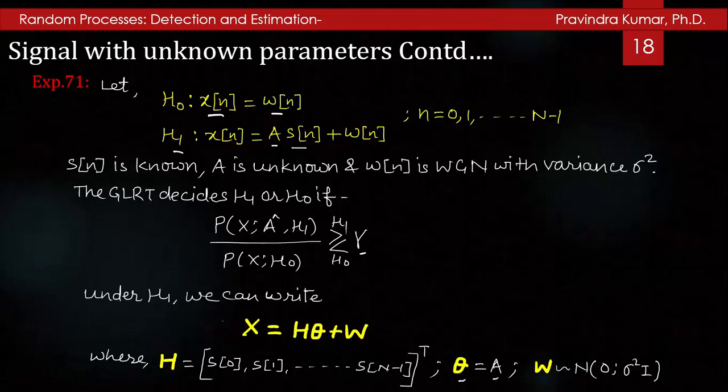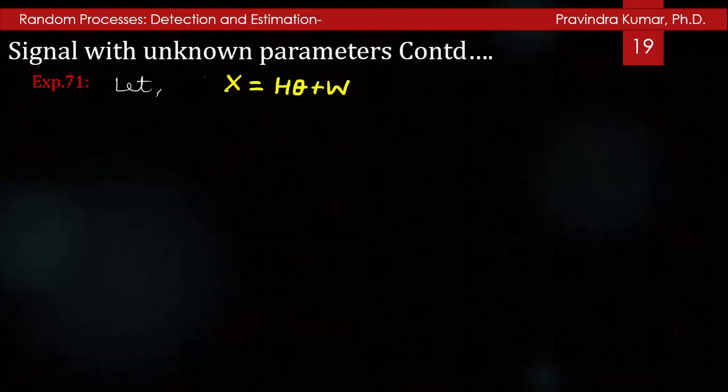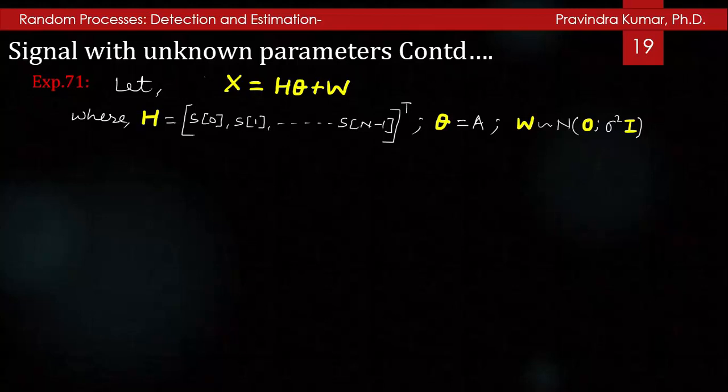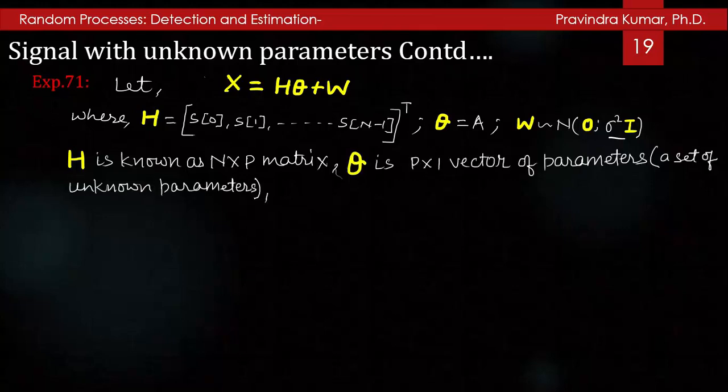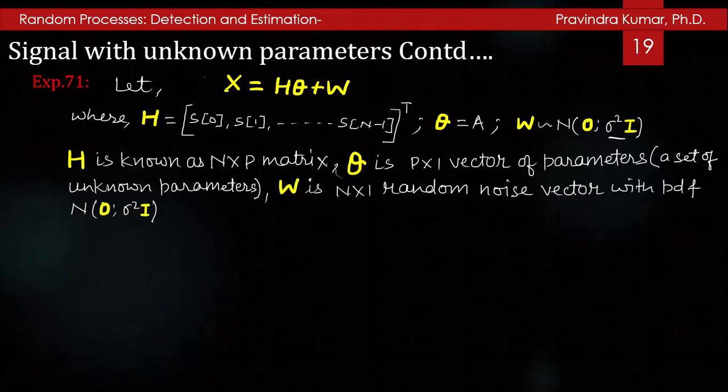Here the unknown parameter is amplitude, so theta involves A, and w is the Gaussian noise with mean 0 and covariance sigma square times the identity matrix I. Here H is a known N by p matrix, theta is a p by 1 vector of parameters or set of unknown parameters, and w is an N by 1 random noise vector with PDF normal distribution with mean 0 and covariance matrix sigma square I, with sigma square known here.